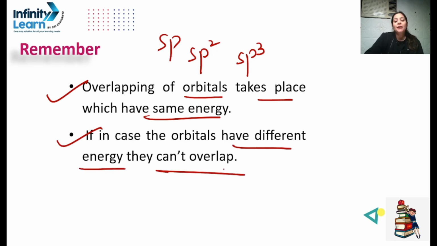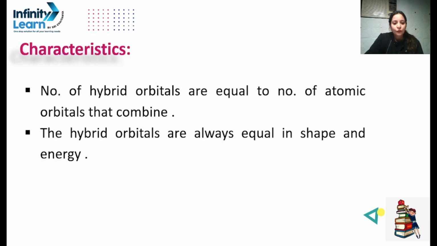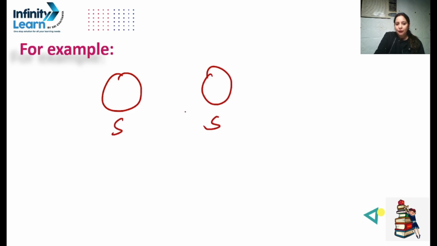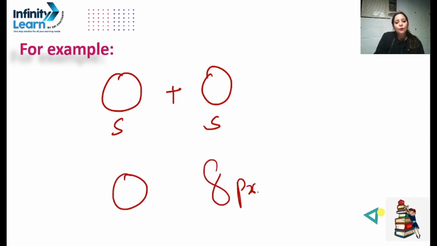You have to remember these things while doing hybridization. I'll give you one example. If we talk about s and s orbitals, we know that they can overlap, right? The combination is not possible between s and px. If s tries to combine with px, this kind of combination is not possible.